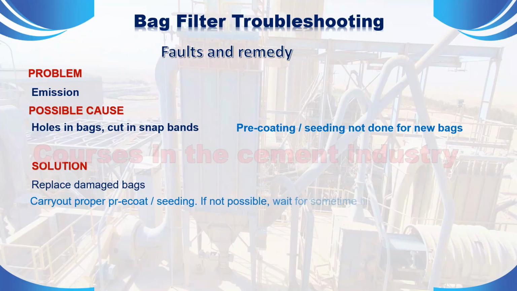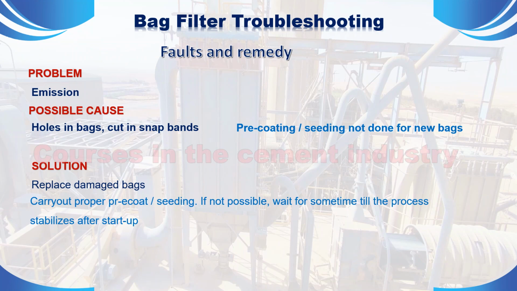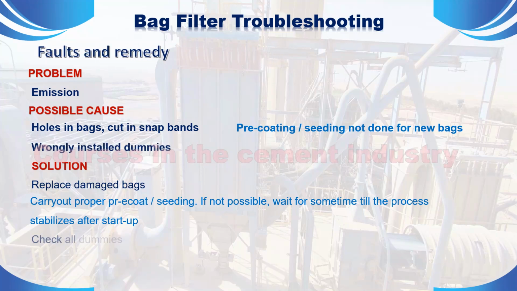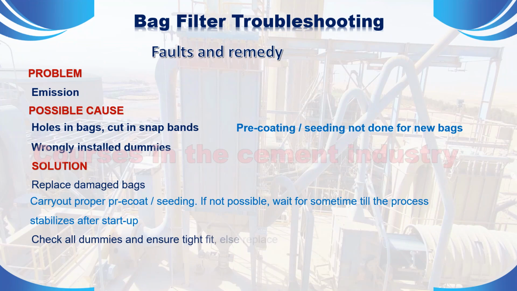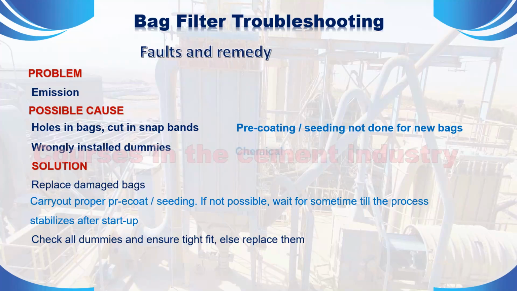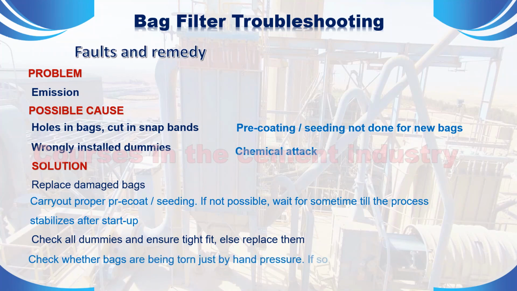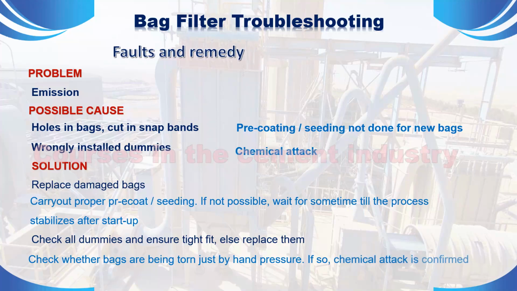If not possible, wait for some time till the process stabilizes after startup. 3. Wrongly installed dummies. Check all dummies and ensure a tight fit, else replace them. 4. Chemical attack. Check whether bags are being torn just by hand pressure. If so, chemical attack is confirmed.